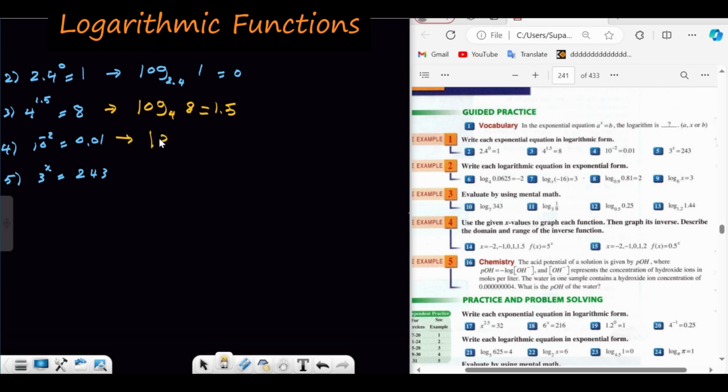First write log, the base of the log is the same as the exponential base, 10, and our exponent will be the result, as we mentioned, negative 2, and our number, the result of the exponential, will be here, 0.01. Look at this one. We have log, and the base will be 3, and our exponent will be the result, and the remaining number is 243. That's it. That's how we solve it.